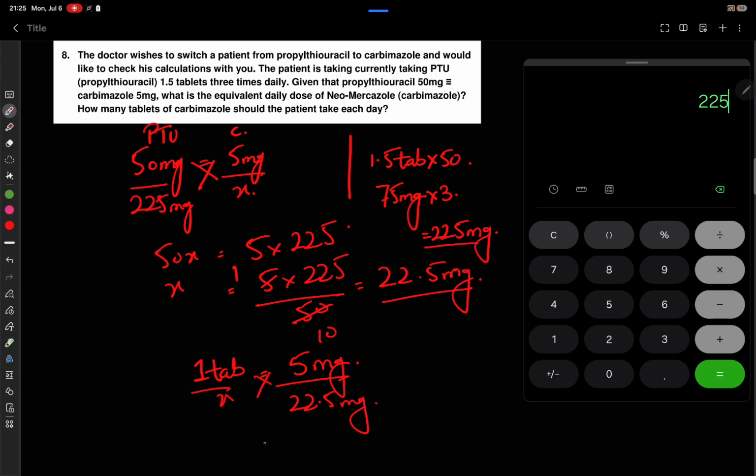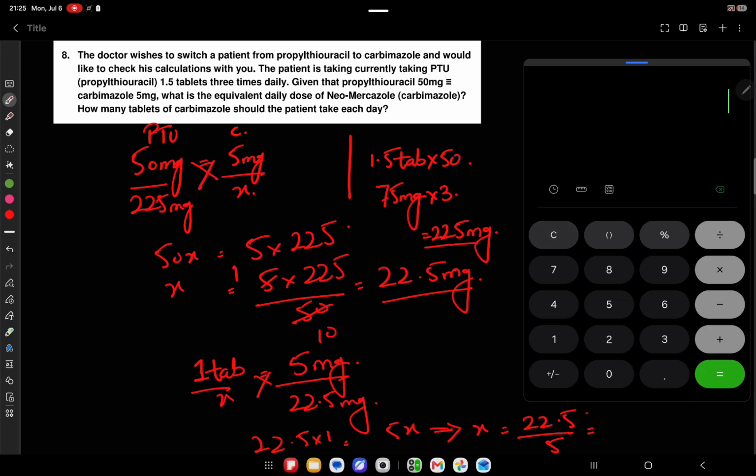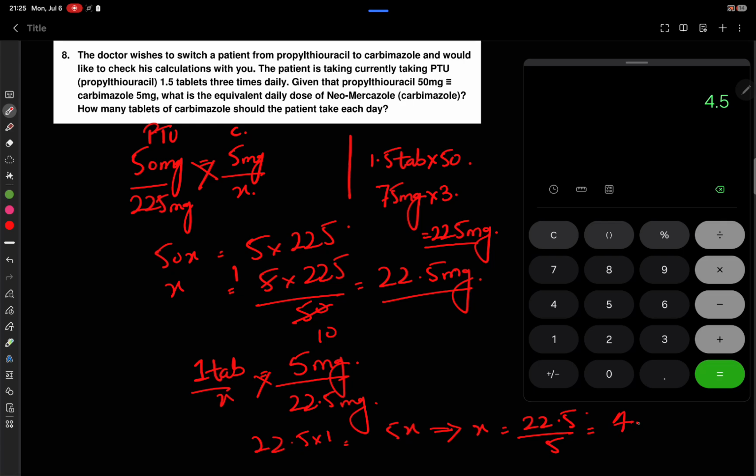Cross multiplication again: 22.5 into 1 is equal to 5x, so x is equal to 22.5 divided by 5. The answer is 4.5 tablets, so 4 full tablets and 1 half tablet are needed.